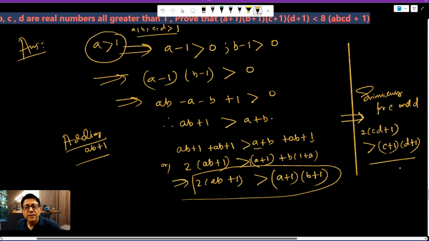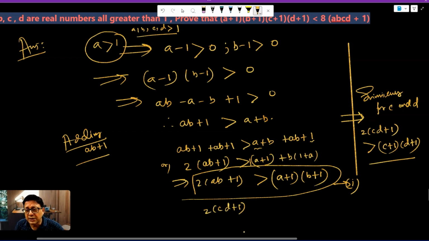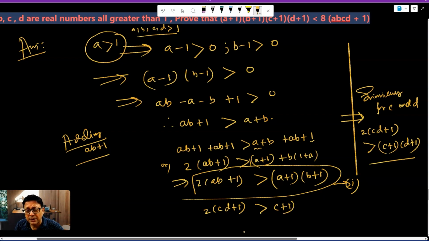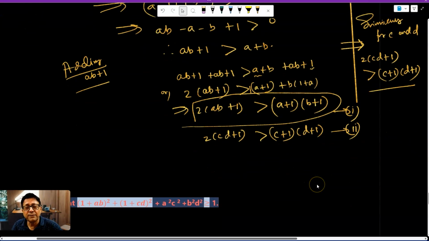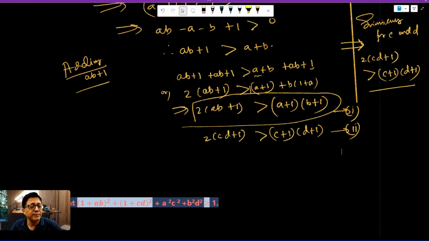Isn't it? So one thing is clear, if you multiply these two, take this one as number 1 and that twice CD plus 1 greater than, this is another one. If you multiply, then LHS is coming. Okay, multiply, let's see what happens there.